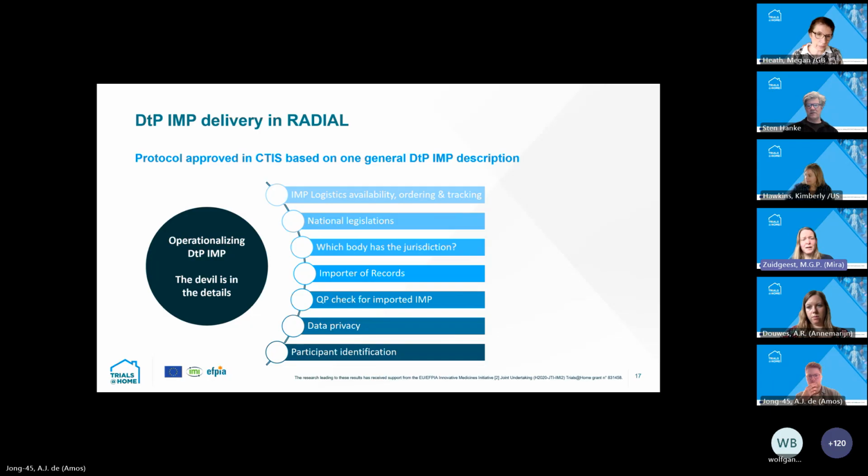You need to think about data privacy, participant identification, etc. So there's a lot of things you need to think about if you want to do this well in different countries. But it is possible. So we did in the end do that in all of these 6 countries. And the learnings again are in one of the papers.